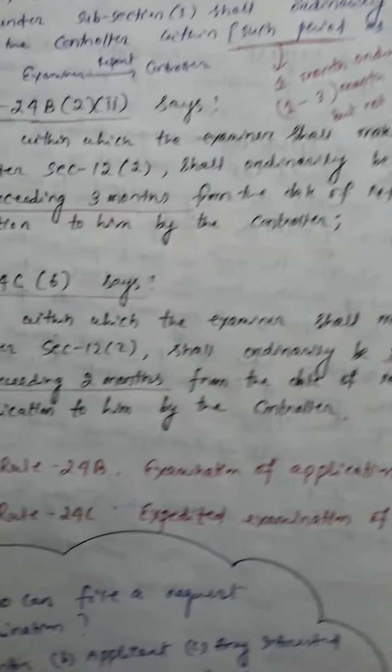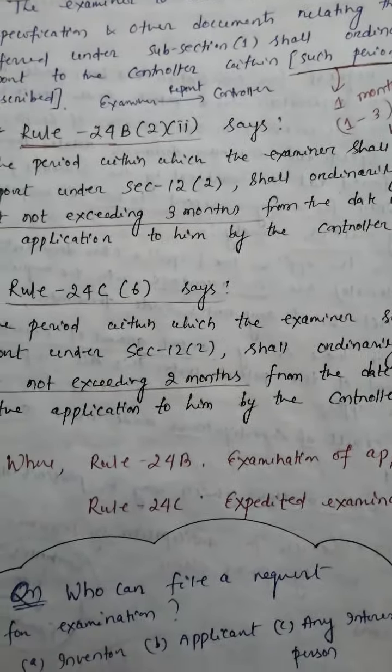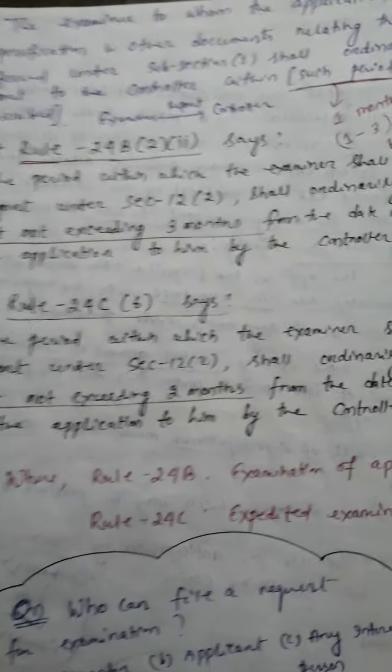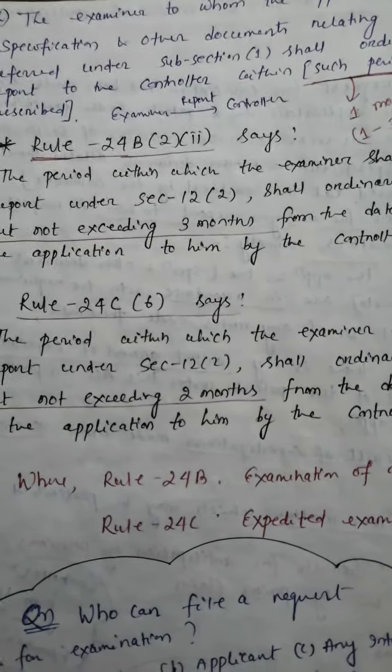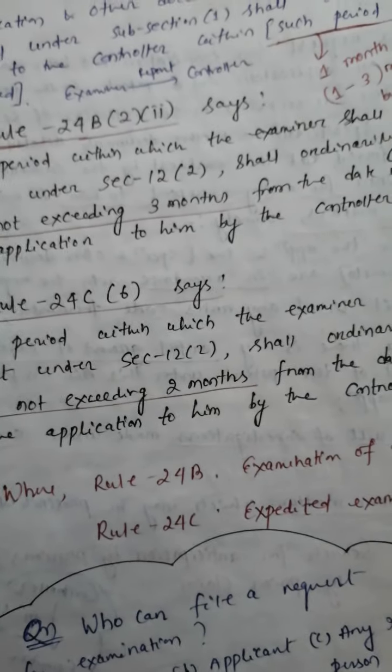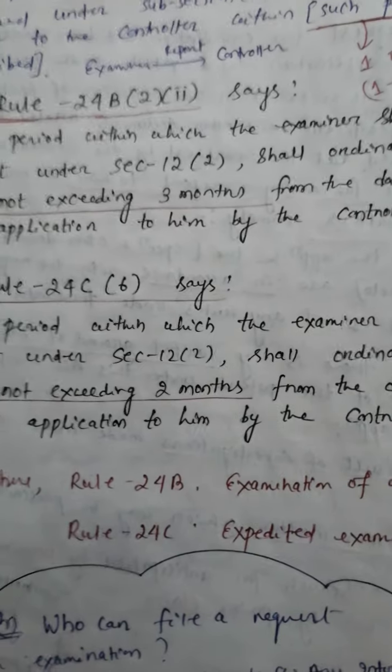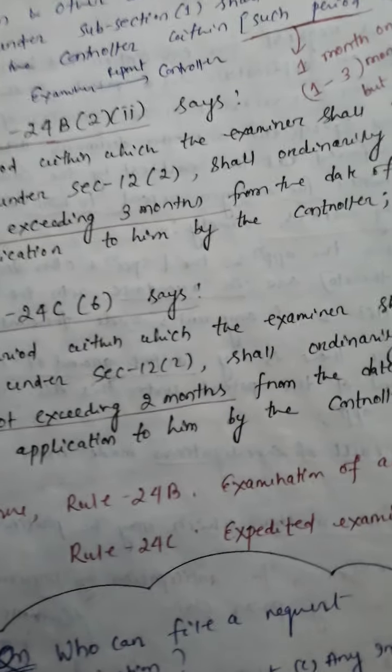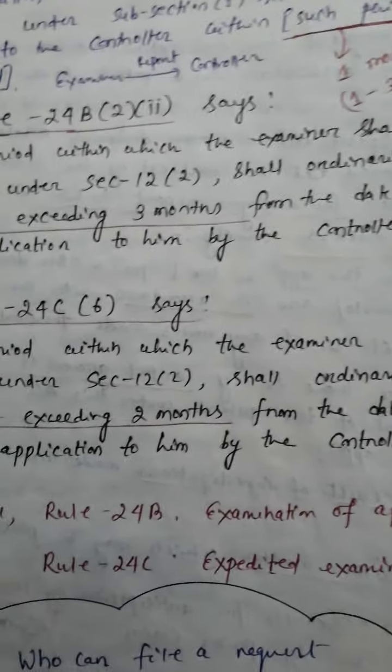That means this rule simply says that when an examination is done under section 12 subsection 2, the prescribed period is between 1 to 3 months. Ordinarily it is 1 month, but it may take up to 3 months, but not exceeding 3 months.